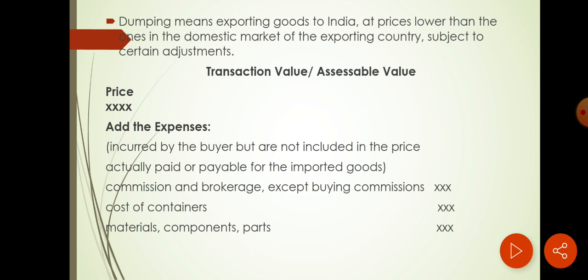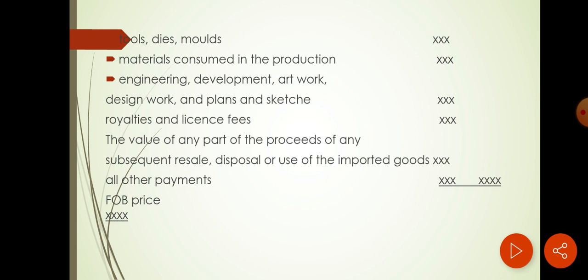Next, the cost of containers, if supplied, and any materials, components, and parts supplied by the buyer for production. Also any design and development charges incurred by the buyer or the supplier, and any tools, molds, and dies required for the production of the goods to be imported.